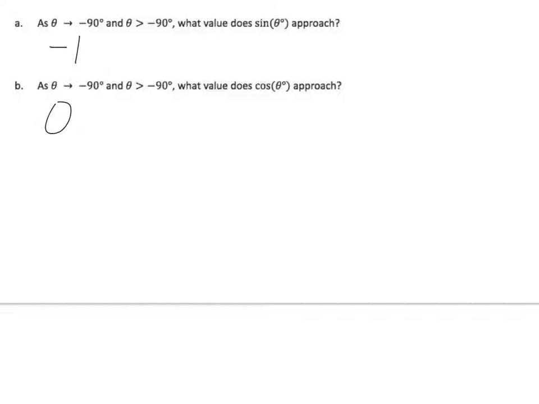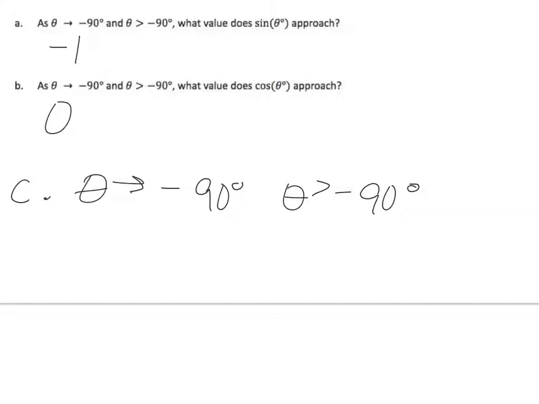That approached 0. Okay, if we just look at the chart. So part C, as theta approaches negative 90 degrees and theta is greater than negative 90 degrees, how would you describe the value of tan theta equals sine theta over cosine theta?